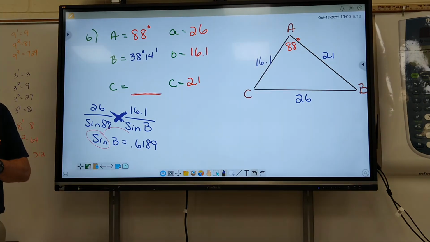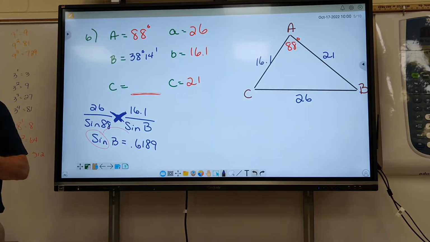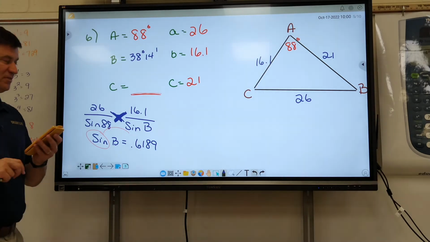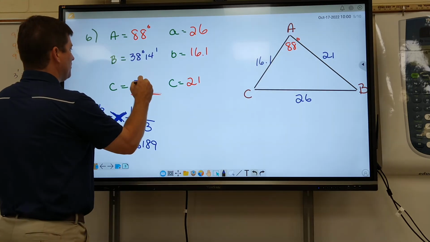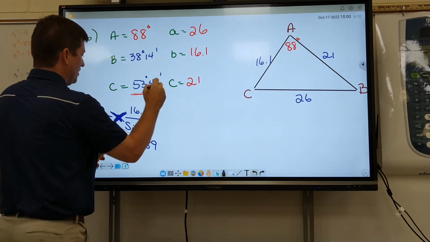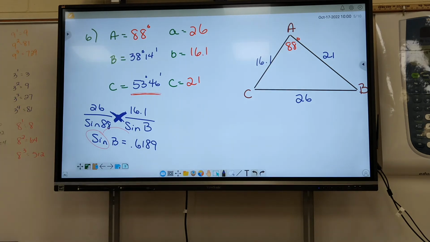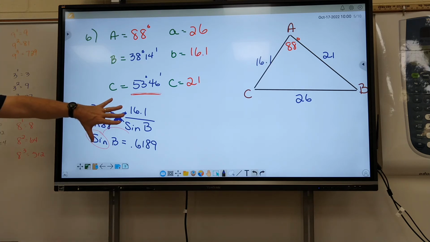So 180 minus 88 minus 38 degrees, 14 minutes. I got 53 degrees, 46 minutes. That is supposed to be the harder problem, but really it's a shorter problem because we're only showing 1 step instead of 2.